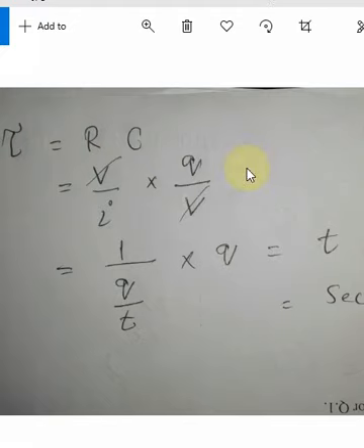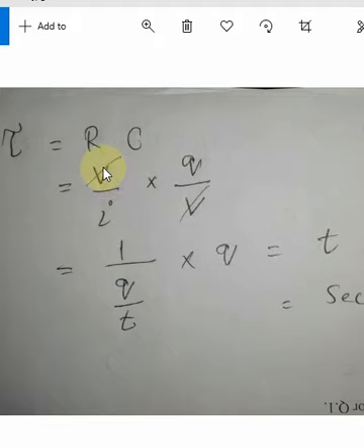Now let's discuss the dimensions of this capacitive time constant, which is denoted by tau and is equal to RC. We want to prove that this particular term has the dimensions of time. So let's put V divided by I for R, and C is equal to Q over V for the capacitor.